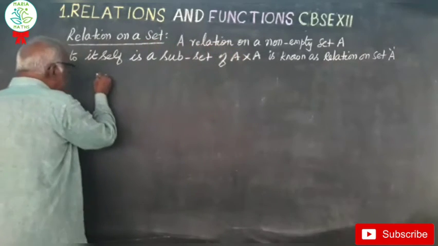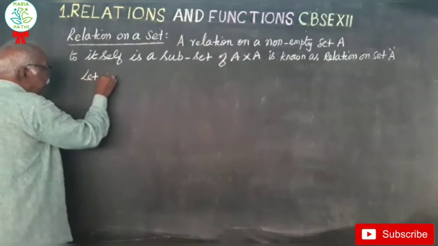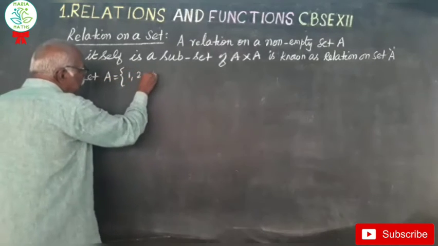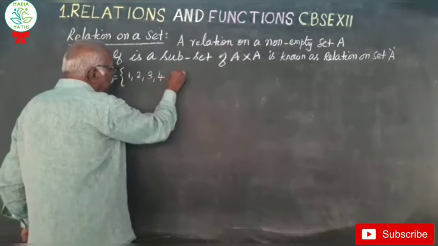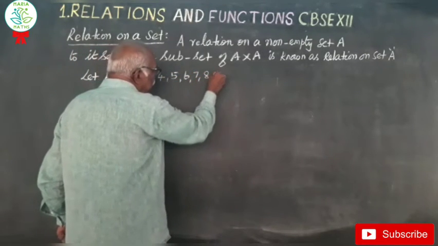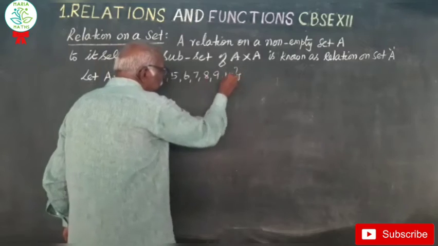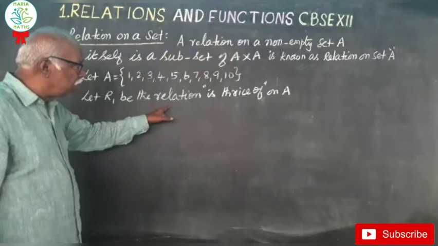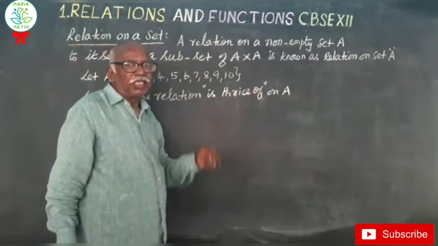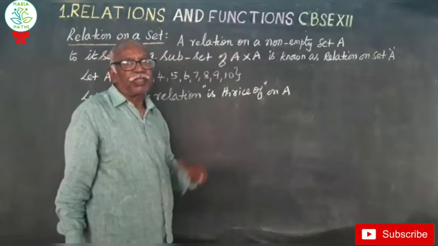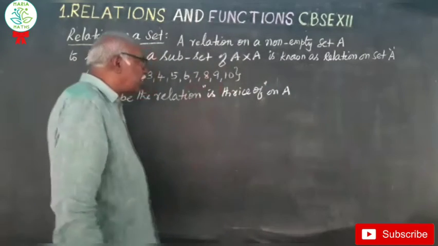Let's take an example. Let A equal 1, 2, 3, 4, 5, 6, 7, 8, 9, 10. Now we can take a relation R1 on A, that is, the first element is 3 times the second element.